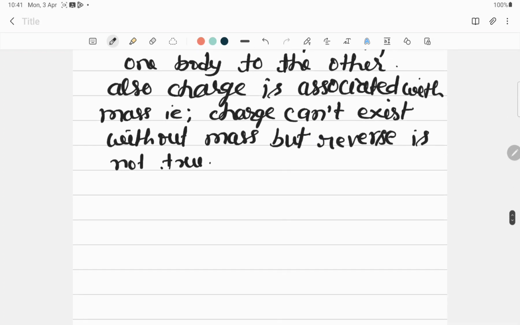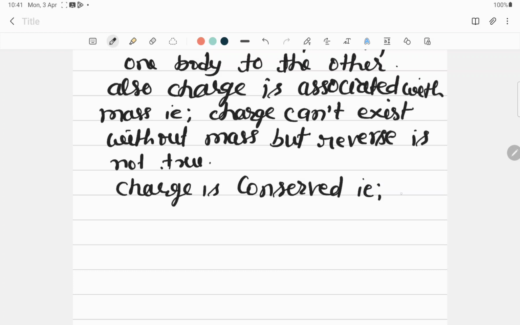Now, in case of charge, what is conserved? So, charge is conserved.